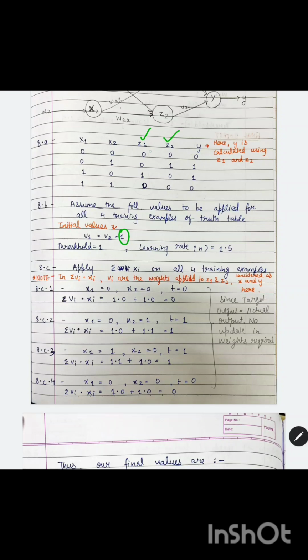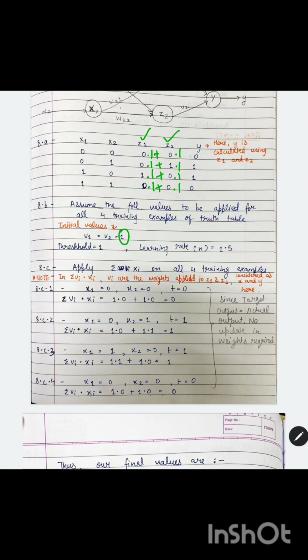So we will multiply all by 1 and we will add. So this into 1, this into 1, plus 0 into 1, plus 1 into 1, plus 0 into 1, plus 0 into 1. So this is how we'll get the sigma.